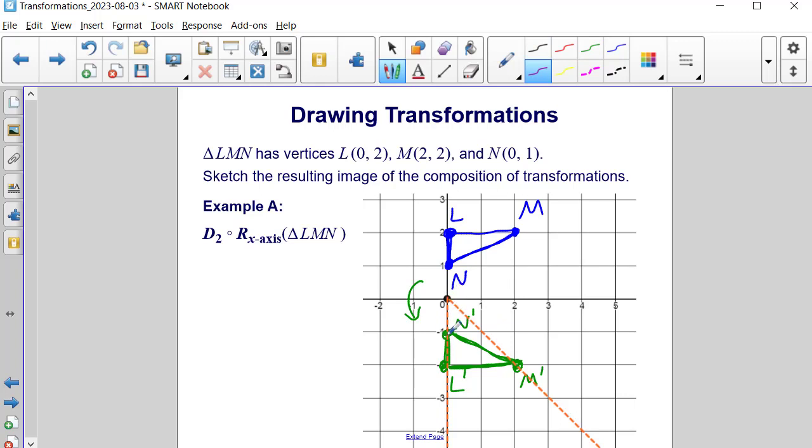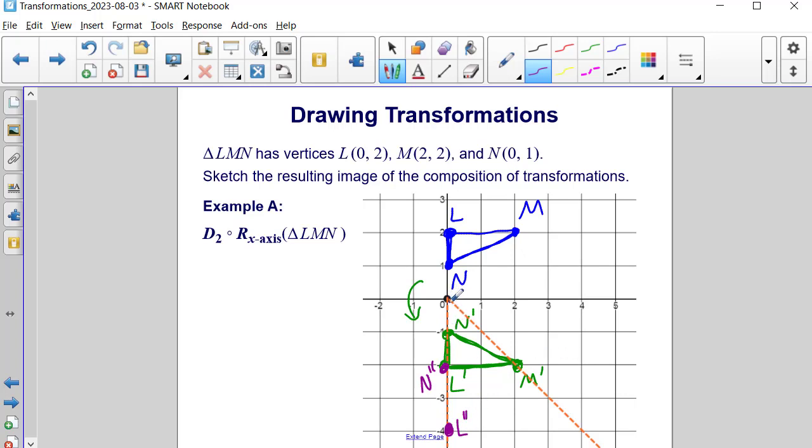If we start with N prime, we only had to go down 1 to get to it, so we're going to have to go down 2 to get to N double prime. To get from the origin to L prime, it's down 2 units, so we have to go down a total of 4 to get to L double prime. So that point will be right here.